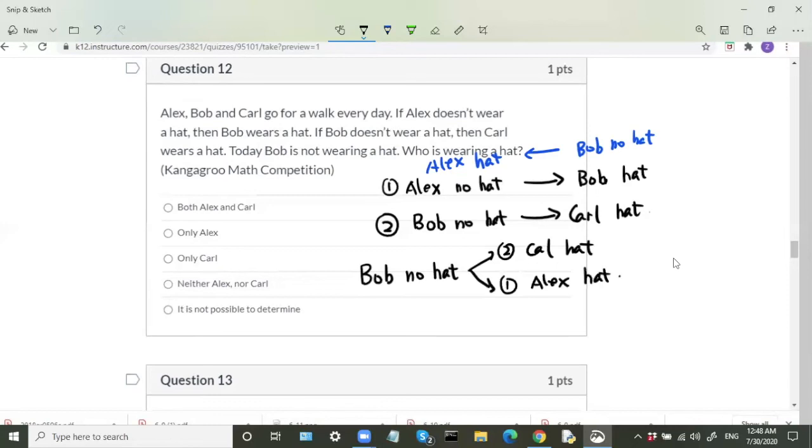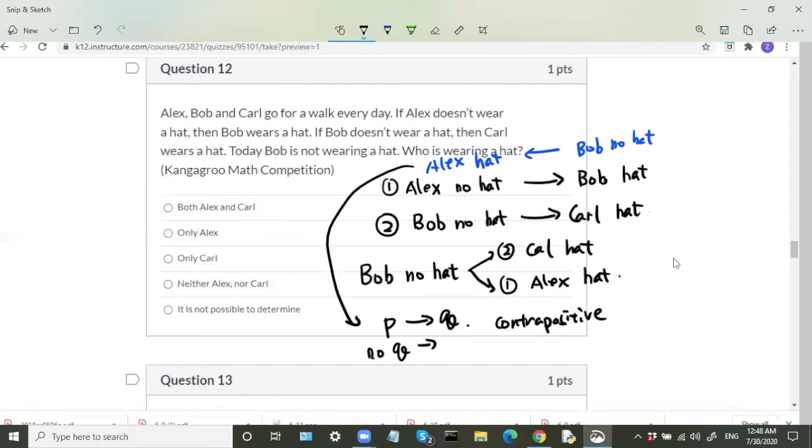Okay, so I wanted to talk about this a little bit. So actually this is called, if we have P, then we have Q. Okay, so this logic's contrapositive of this condition is no Q, then no P. The contrapositive is also true.